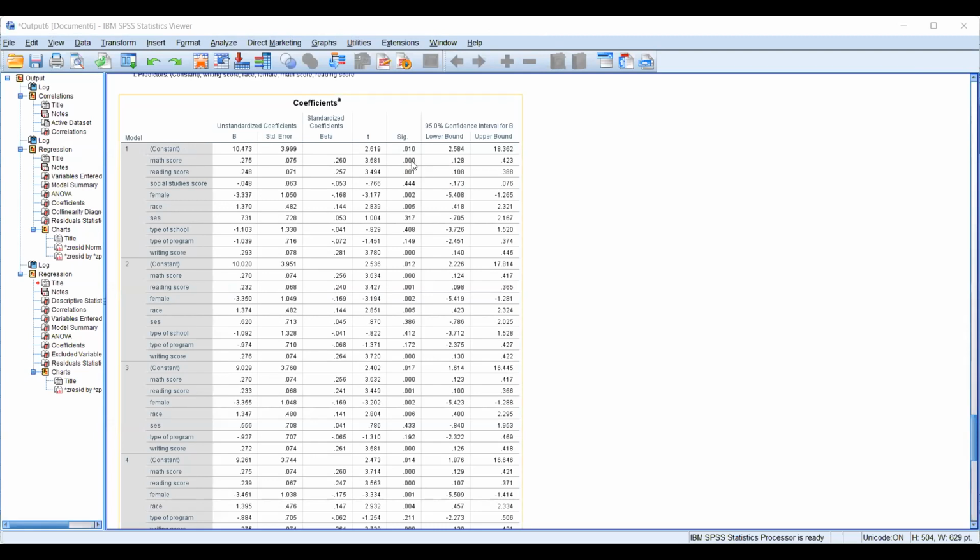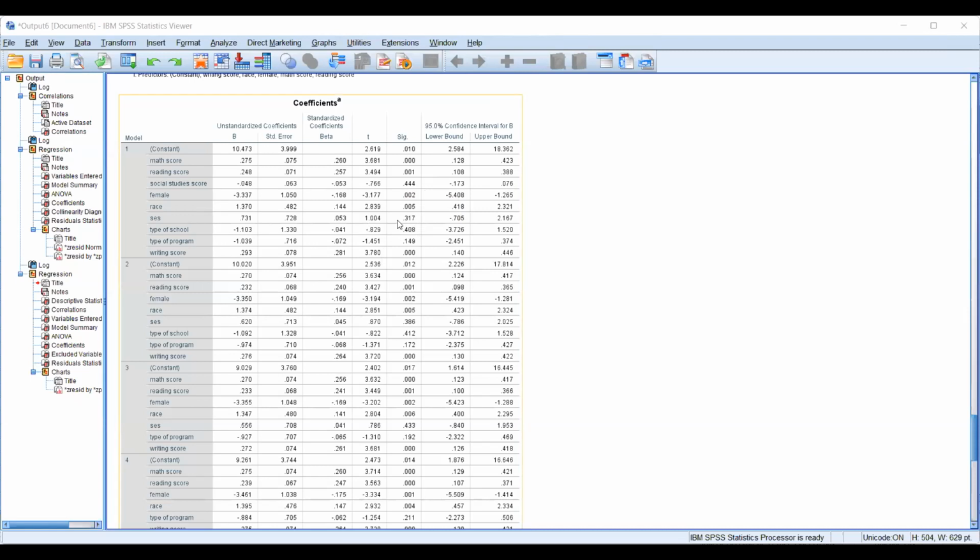Okay, so you are seeing here that social study score is not statistically significant, right? Then socioeconomic status is not significant. Then type of school is not significant. So based on this, what do we do?